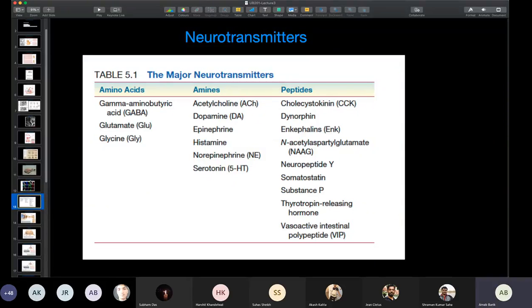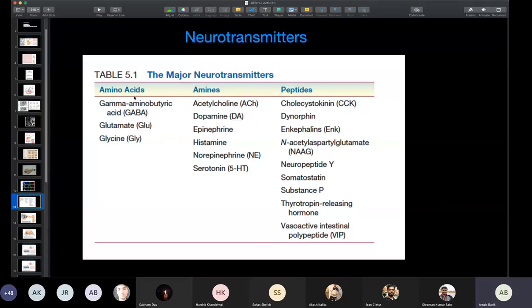Yeah, and then what are the different kinds of neurotransmitters? There are different flavors, if you might say.